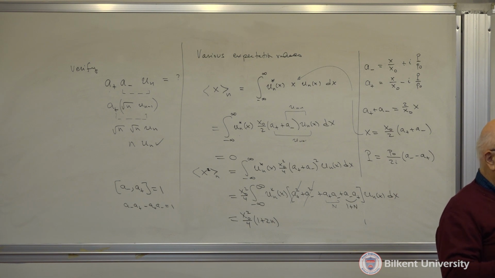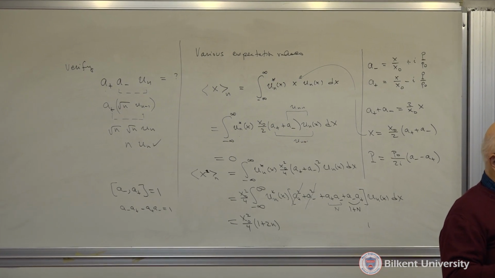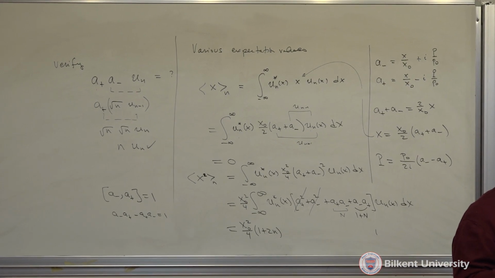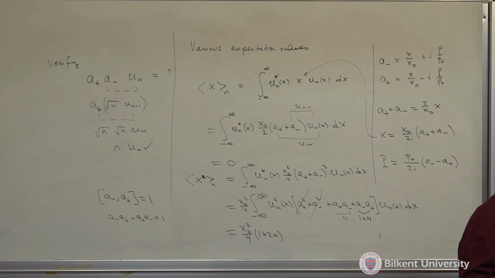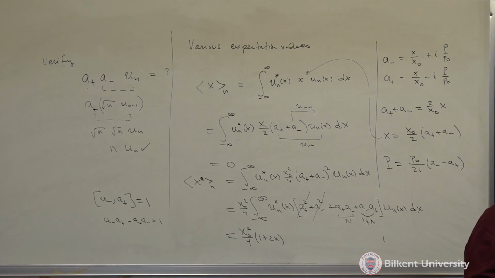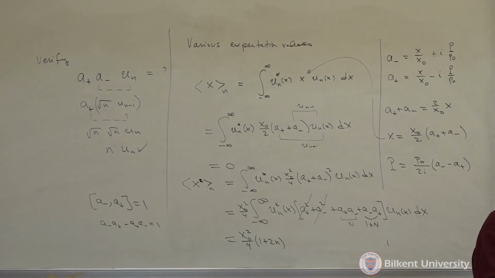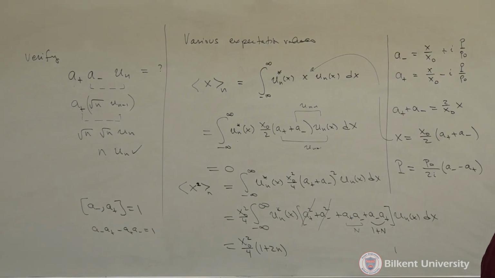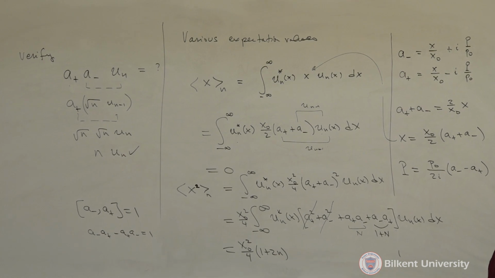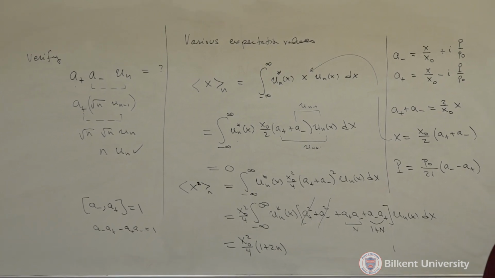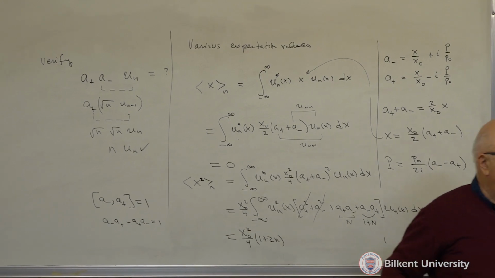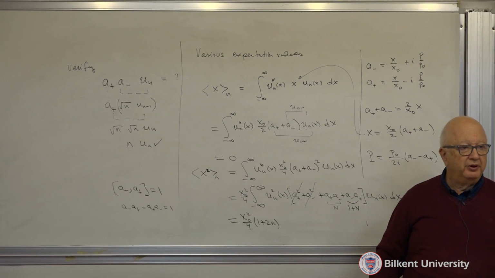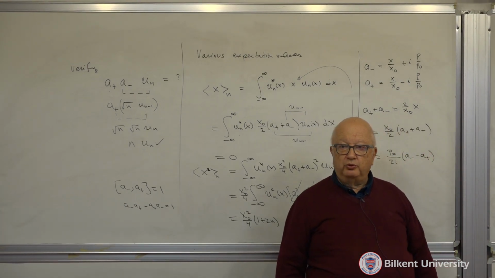You have a linear operator which has a certain property, and the Hamiltonian is such an object. In fact, any operator which corresponds to any measurable quantity, like momentum, position, etc., belongs to the group of Hermitian operators, and eigenstates of Hermitian operators are orthogonal to one another. We are going to show that when we get to the more formal part of the course. But at this point, trust me that these are all orthogonal to one another.